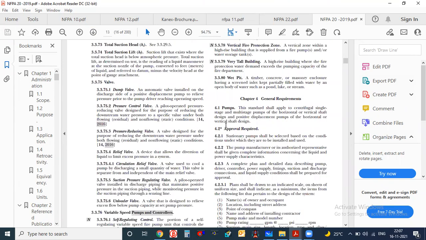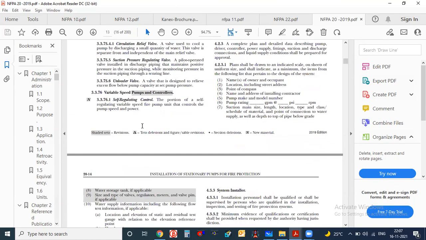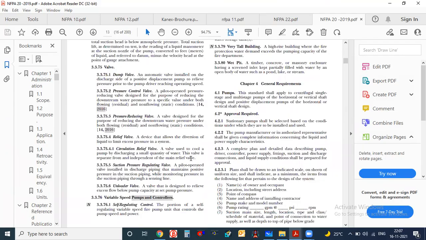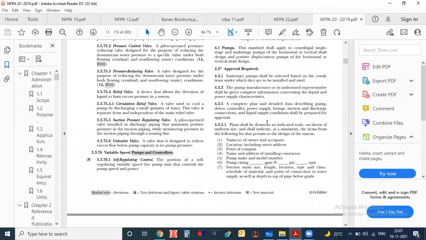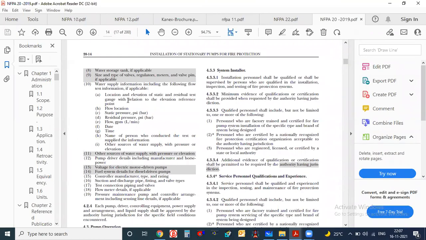And general requirements, where you have to require the pump, those things are given here. And here are certain important points given. Plan shall be drawn on sheets of uniform size and shall be as per design. Now here they have given certain points. What are the things you have to involve for the pumps?